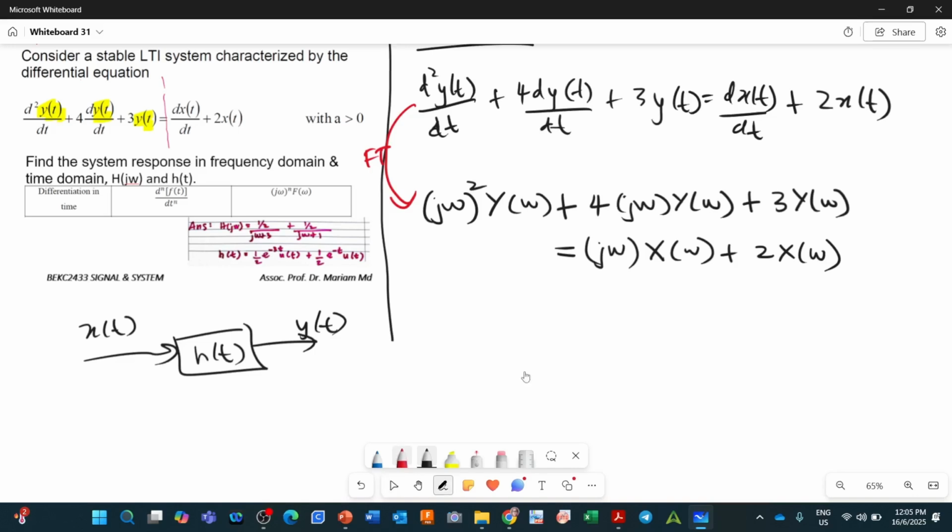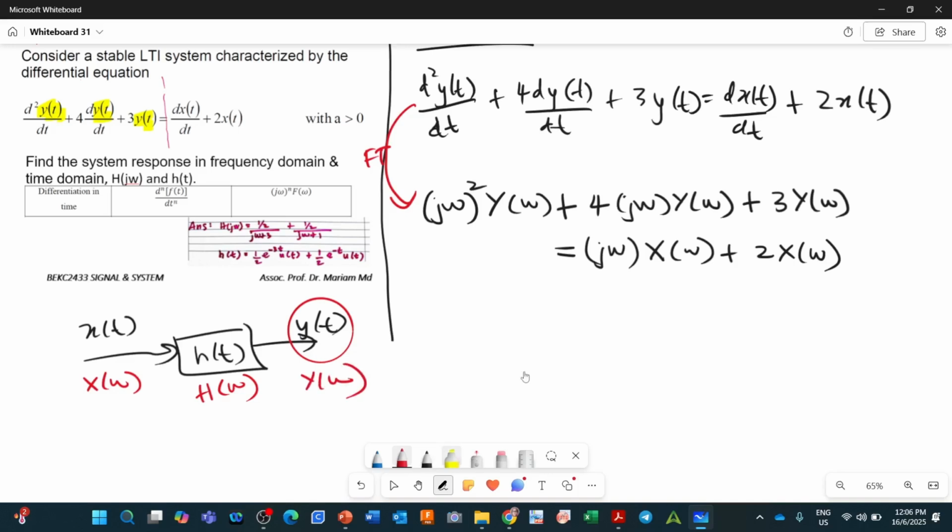So basically, it asks you to find h(t). So you're going to find H omega first, because why? If you want to find y(t) in the time domain, you need to do the convolution integral, which is difficult. So in Fourier transform, we make it easy. Convert it into the frequency domain, so you get it in terms of H omega, X omega, and Y omega.